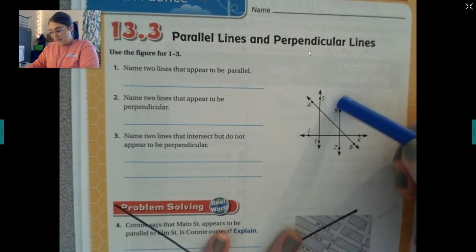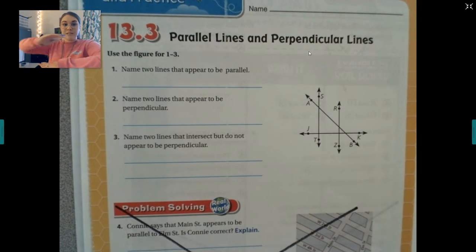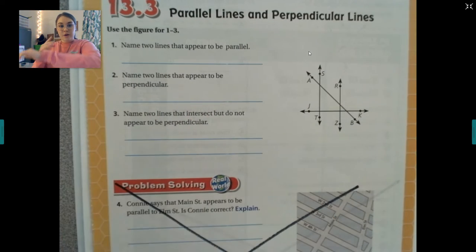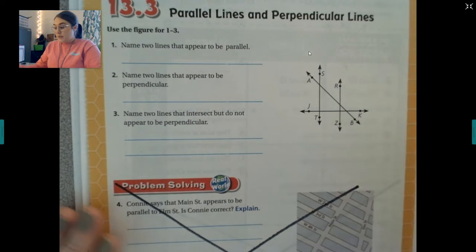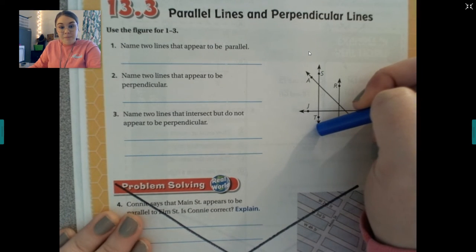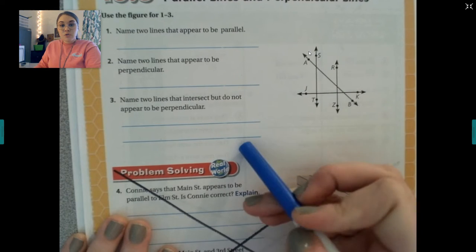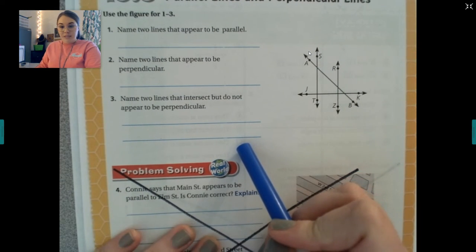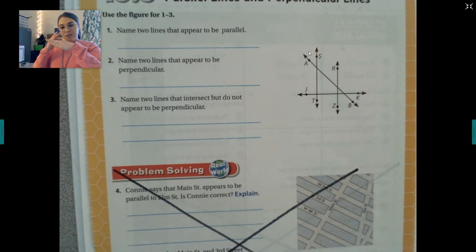Those 2 right there are parallel, which means they never touch. 2 lines that are perpendicular make a T and cross each other. You would tell me the 2 points that are on that line. That's how you name a line. And 2 lines that intersect but are not perpendicular make that X look.